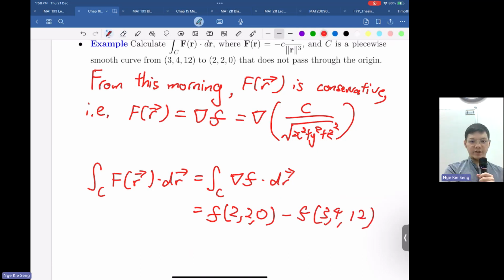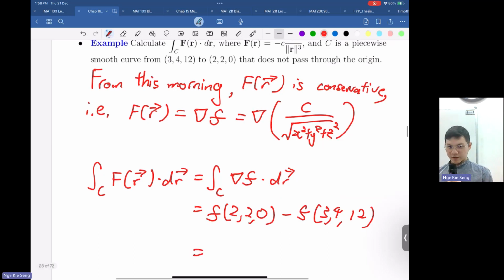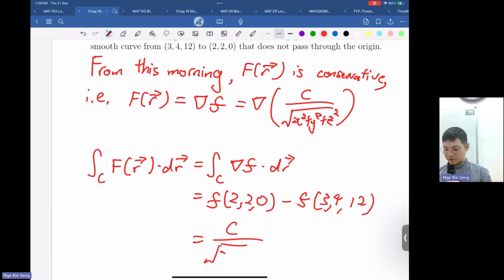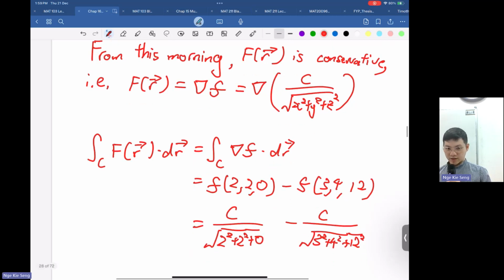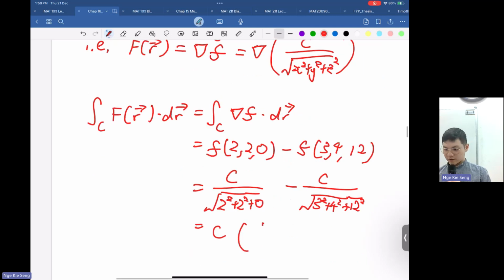So what do we get? C over square root of 2 squared plus 2 squared plus 0, minus C over square root of 3 squared plus 4 squared plus 12 squared. Altogether we get C times 1 over 2 square root 2 minus 1 over 13.